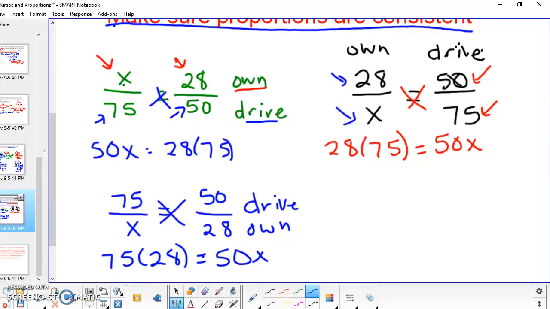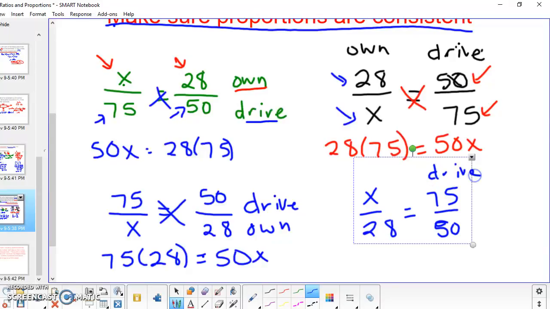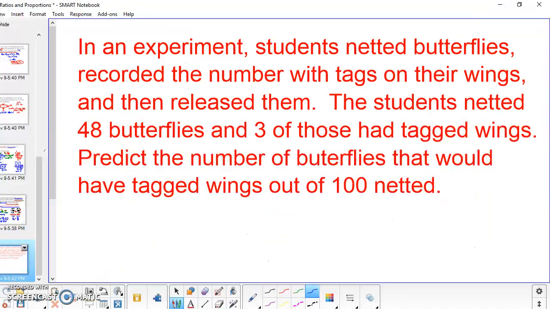And we could flip this one upside down too and end up with x over 28 equals 75 over 50. This is drive. This is own. So there are lots of ways to set the proportions up. They give you the same answer no matter what you do.